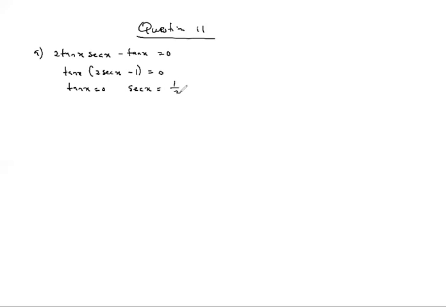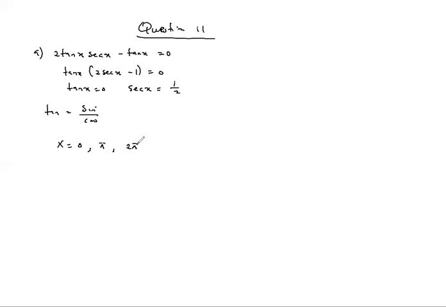If tan x is 0, that's an easy thing. We're just looking for the zeros of sine, because we know that tan is sine over cos. So only where sine is 0 is where tan is going to be 0. So x is 0, x is pi, x is 2 pi, from 0 to 2 pi.